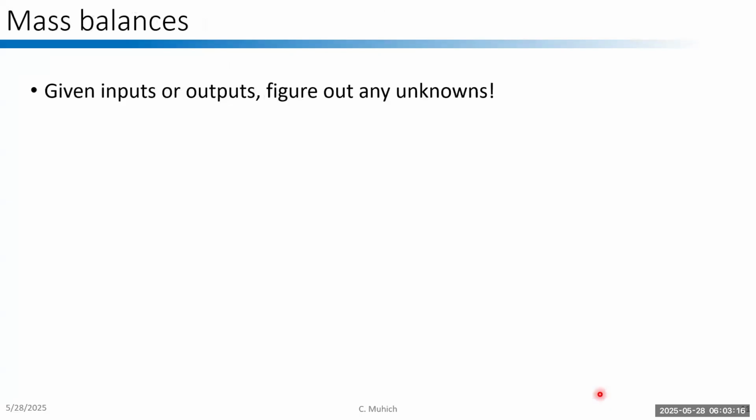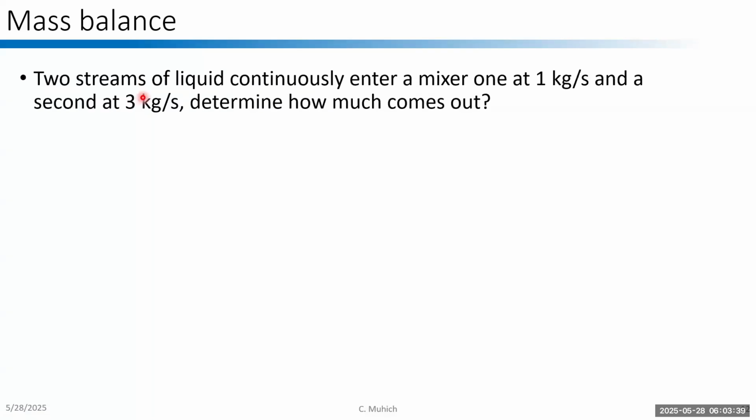Okay, so let's take this and put it into practice using what we're going to call mass balances. In essence, mass balance problems say: given some inputs or outputs to a process, figure out the unknowns. How is material moving through a system?